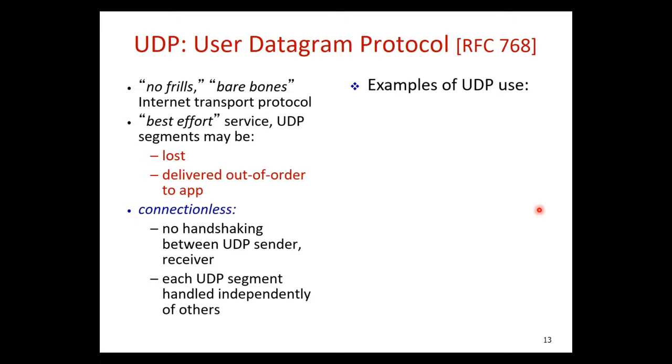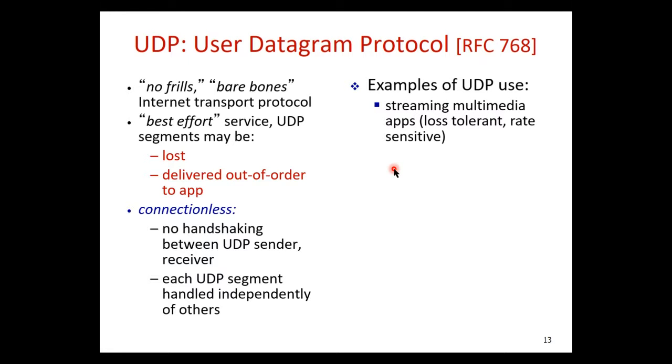So you may ask, if it is bare bones and provides no guarantee, why even bother? Why should we use UDP? And I think I already gave you some answers last time or the time before that. Here I'm going to give you some examples of use of UDP.